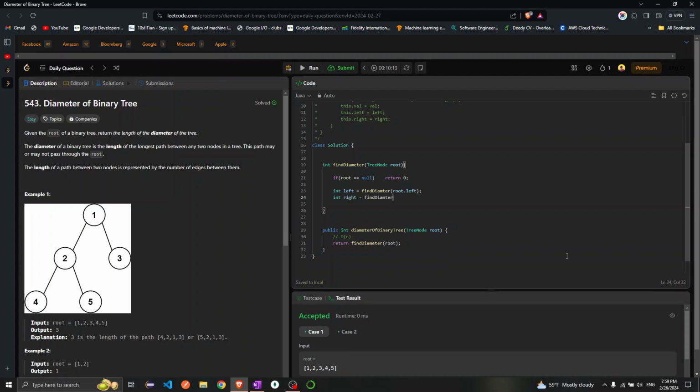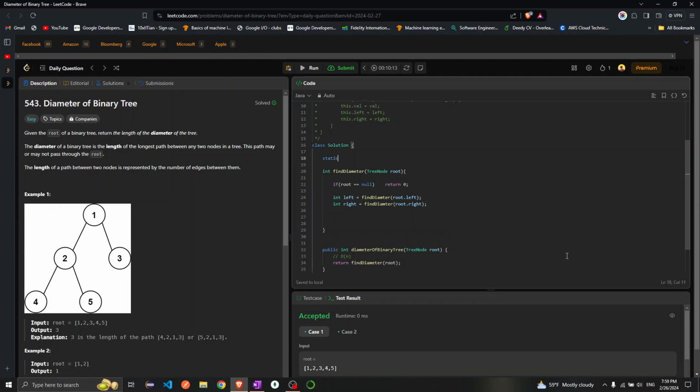Now what I'm going to do is, I'll keep a static variable, static int dia equals 0.